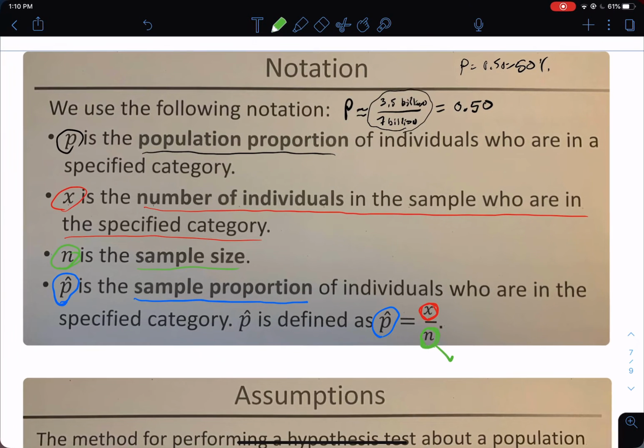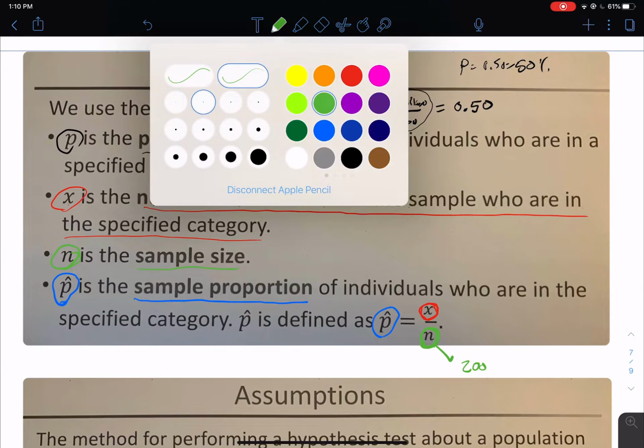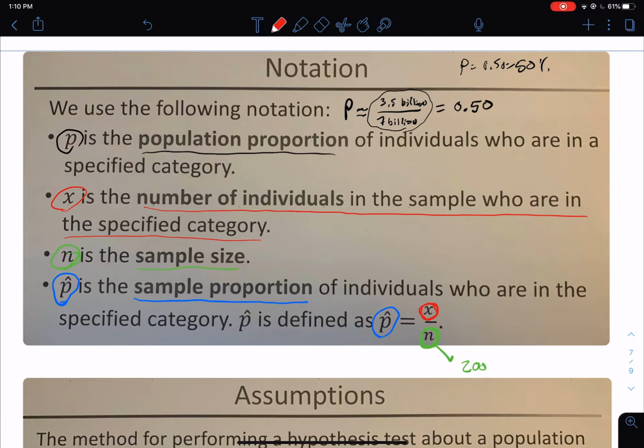So in my example, instead of interviewing 7 billion people in the world, let's say I made a simple random sample of 200 people, and it turned out let's say 105 of them wore glasses.